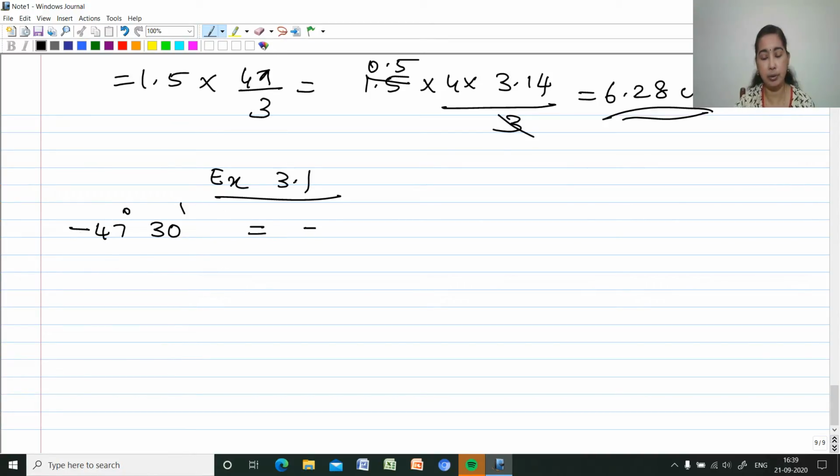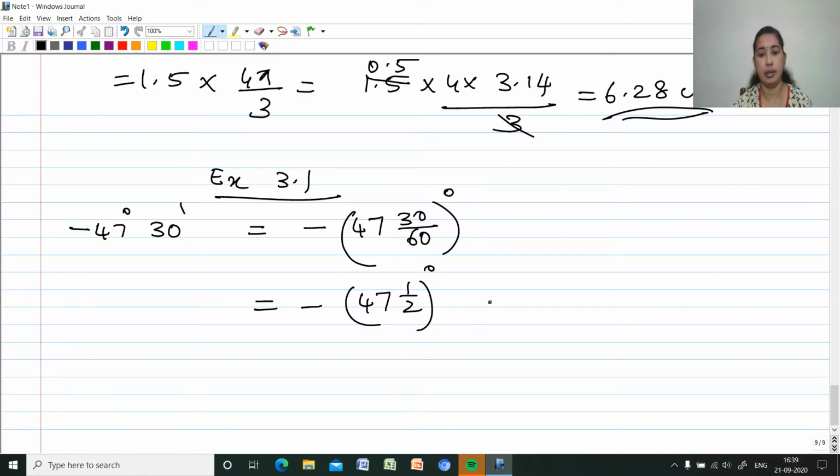So this is equal to minus 47 30 by 60. Now it is in degrees. Or it is the same as minus 47 1 by 2 degrees. That is equal to minus, you can make it a proper fraction by multiplying, here 94 plus 1, 95 by 2.